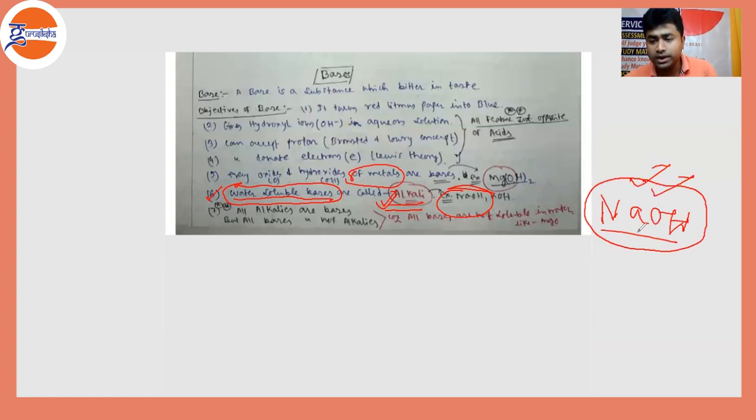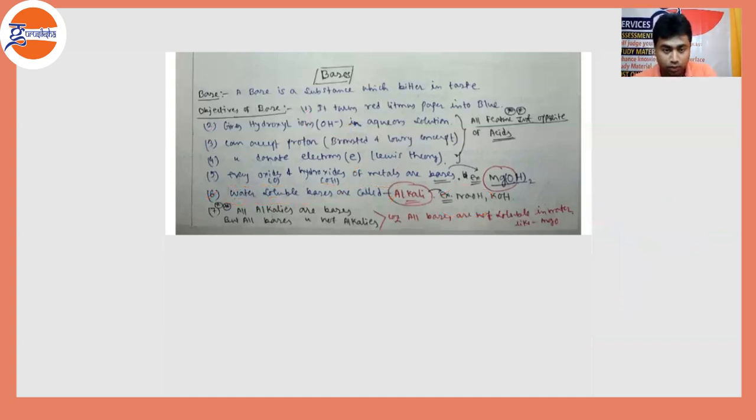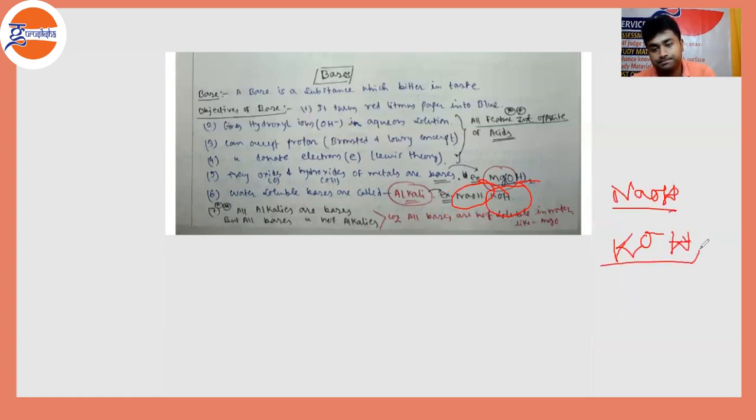So we definitely can say that NaOH is an alkali. Similarly KOH, potassium hydroxide, is also a water soluble base. So both NaOH and KOH are called alkali, as both are water soluble.